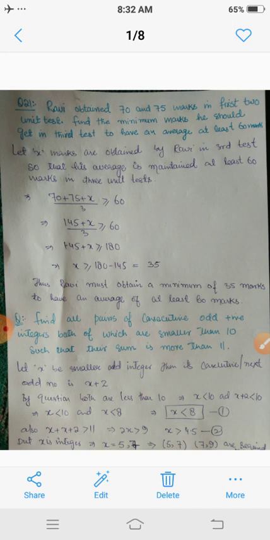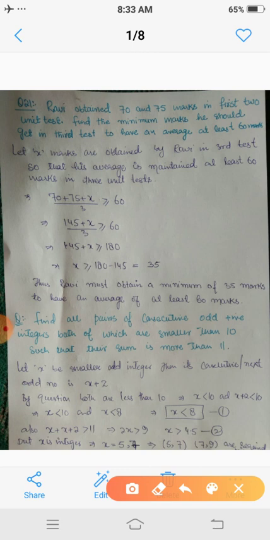By the question, both are less than 10, which implies that x is less than 10 and x plus 2 is less than 10, because x and x plus 2 are a consecutive pair of odd numbers. So x less than 10 and x less than 8, because x plus 2 less than 10 implies x less than 8. So in both cases we get x less than 8.